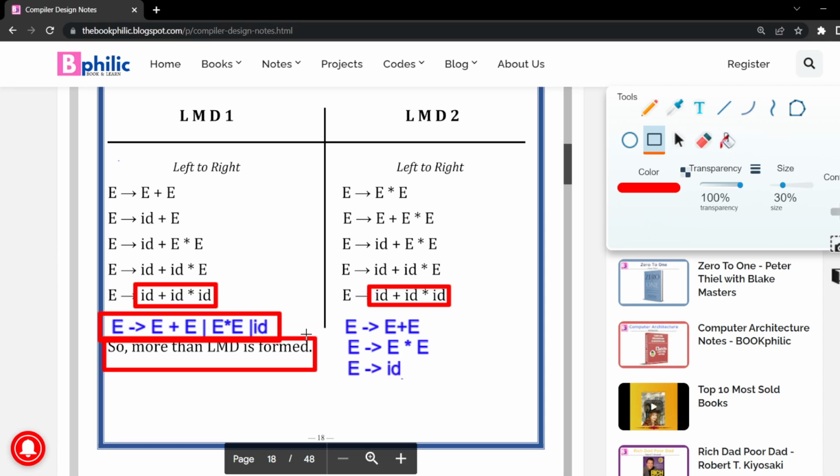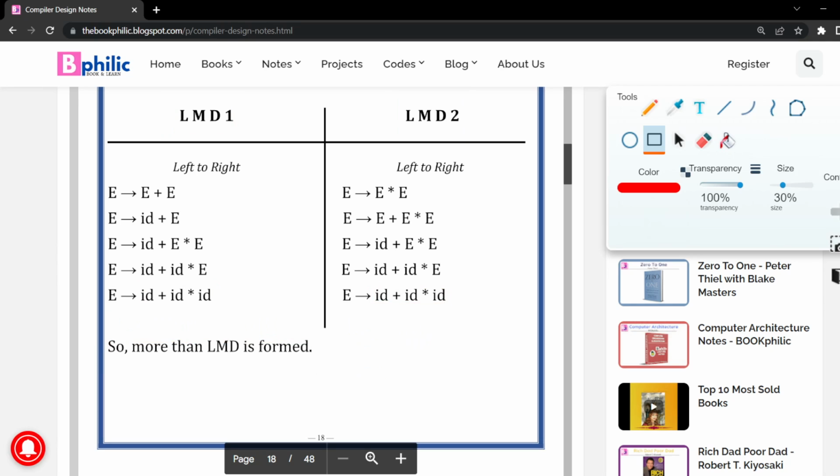So in order to check, you have to derive LMD1, LMD2, and if the same syntax can be generated in two different ways, that is LMD1 and LMD2, in that case you will just write down that more than one LMD is formed, hence it is an ambiguous grammar. So I hope you have understood how we can check whether the grammar is ambiguous or not.